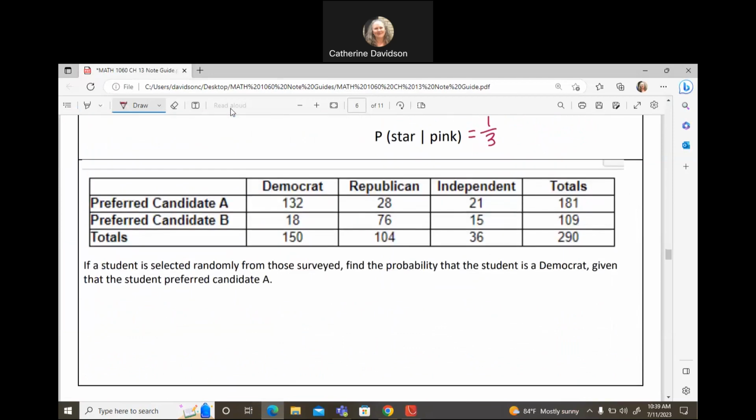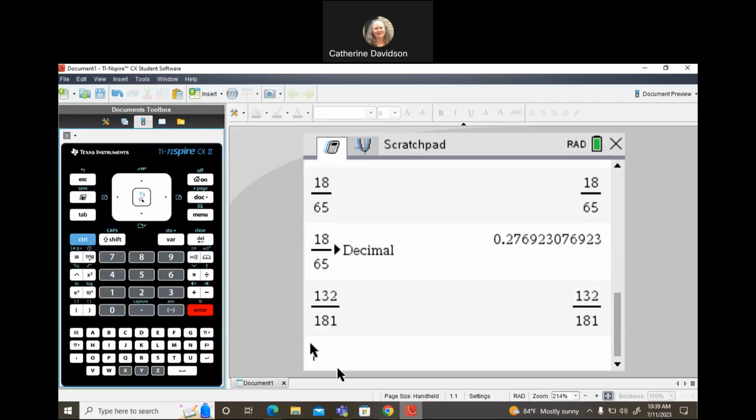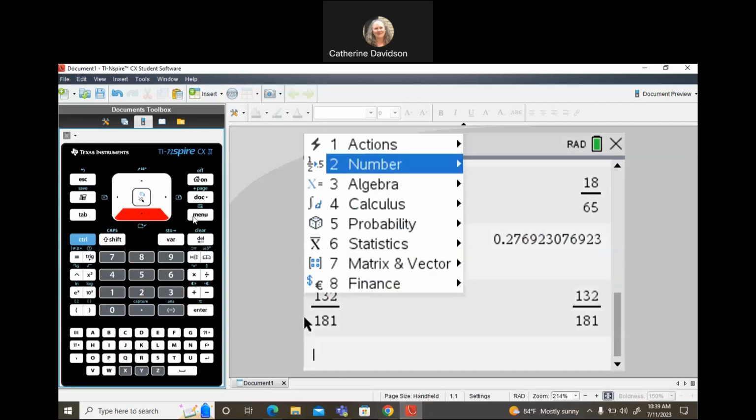If a student is selected randomly from those surveyed, find the probability that the student is a Democrat given they preferred candidate A. So probability they are a Democrat given they preferred A. So on the top, you're going to have the combination of Democrat and preferred candidate A, over the total that preferred candidate A. And let me convert this to a decimal.